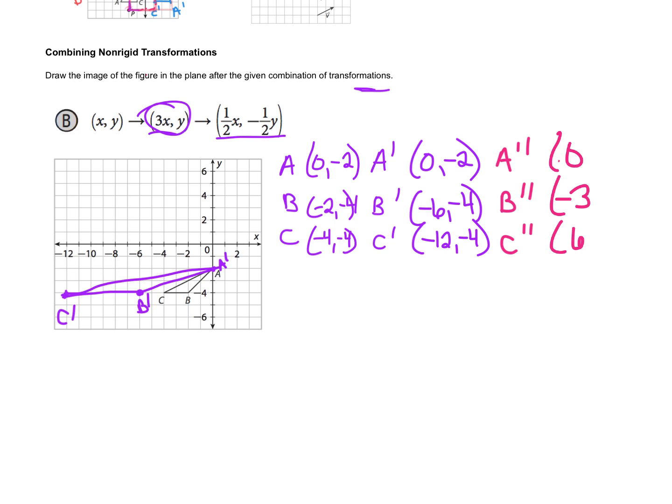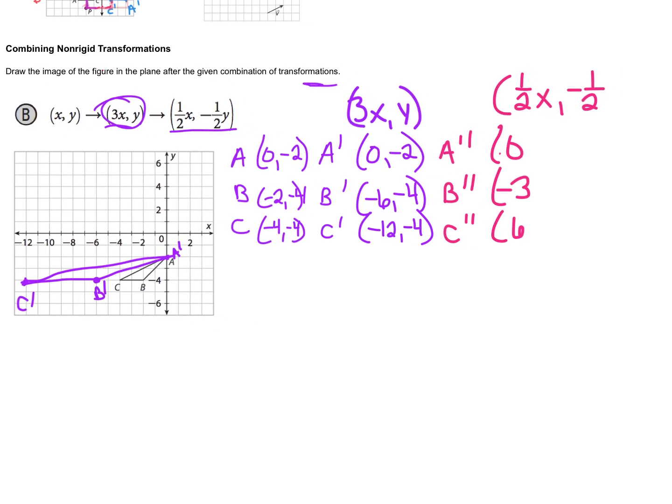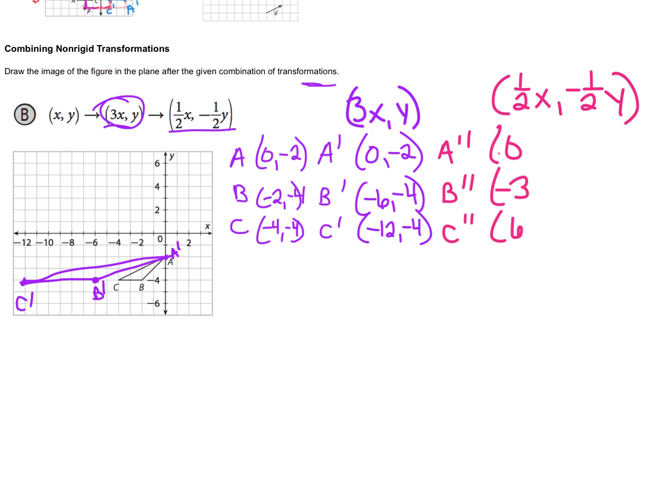And we could write these up here if you wanted. 3x, y. And here I'm doing 1/2 to help you kind of remember. And then -1/2 y. So -2 times -1/2 would be +1. -4 divided by -2 is 2. And this last one then is 2 also.